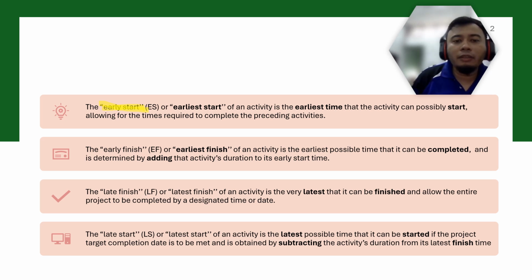The earliest start of an activity is the earliest time the activity can possibly start, allowing for the time required to complete the preceding activities, so that the next activities can start on schedule.